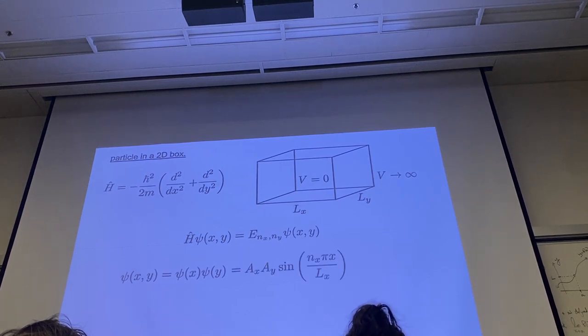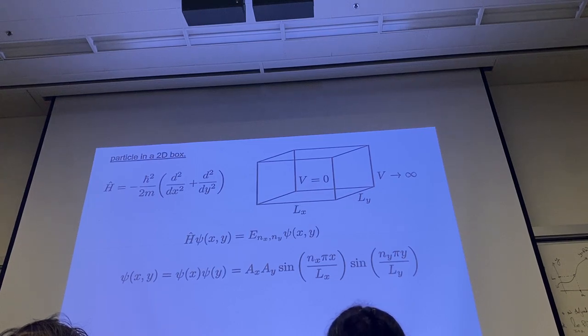So I can write it in this way. Two sine waves, where the argument for x has nx, and Lx in the denominator, and for the y part I have ny and Ly in the denominator.